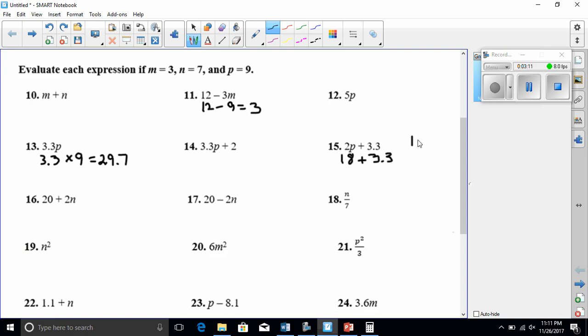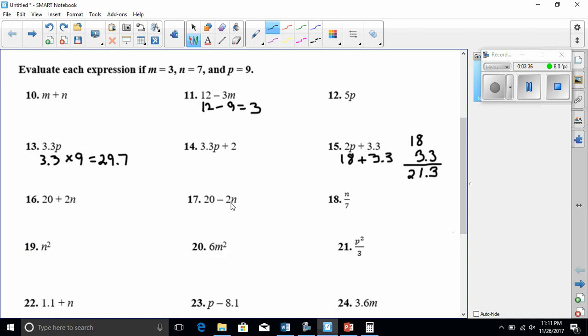I just take 18 and then I line it up with my, well, I'm adding, remember. So I line it up with my 3.3. And I'm going to have 8, 9, 10, 11, 1, carry the 1. That's going to be 21.3 for number 15.